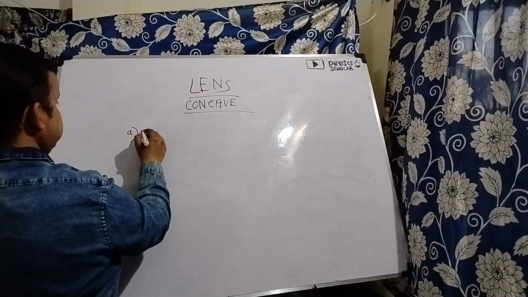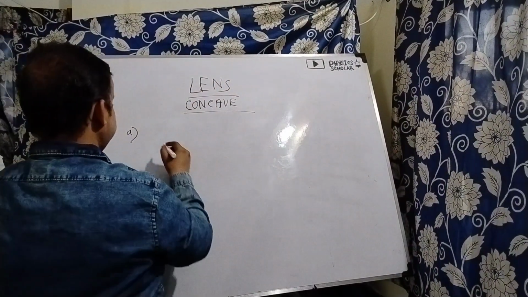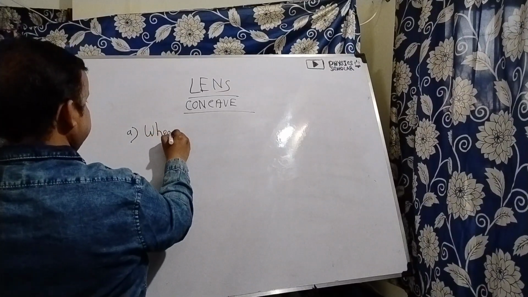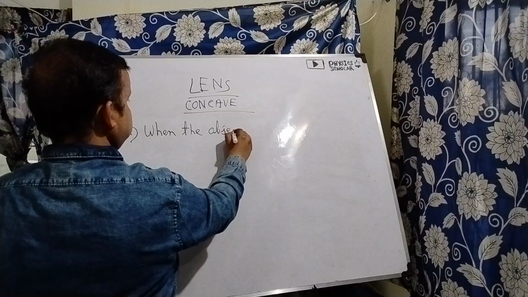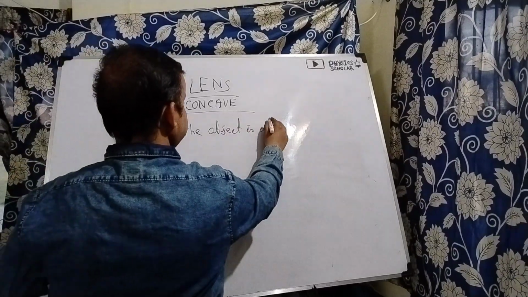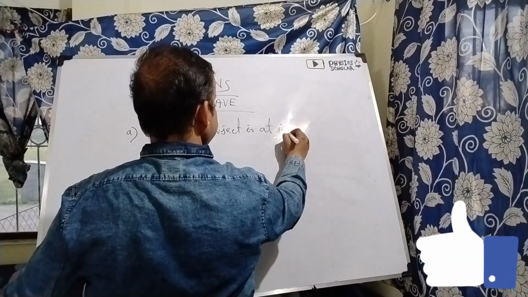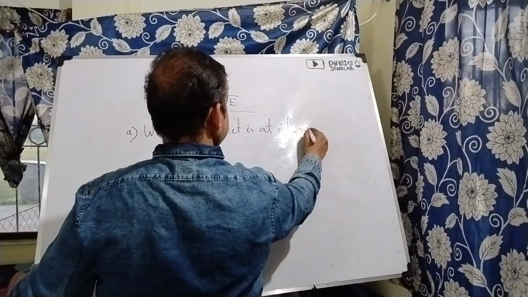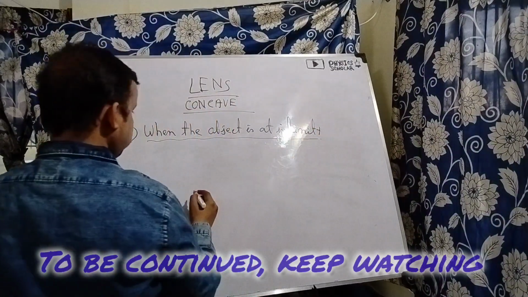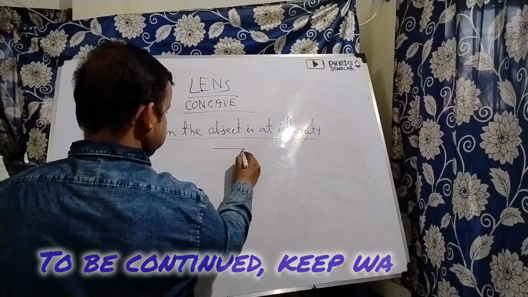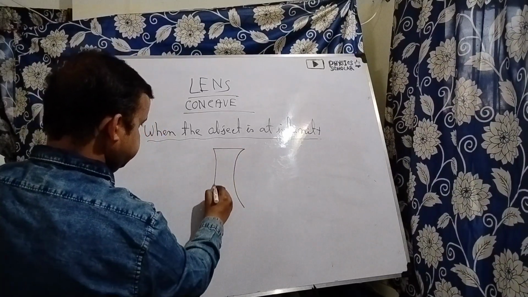The first condition: when the object is at infinity. So let me draw the diagram. So this is the concave lens.